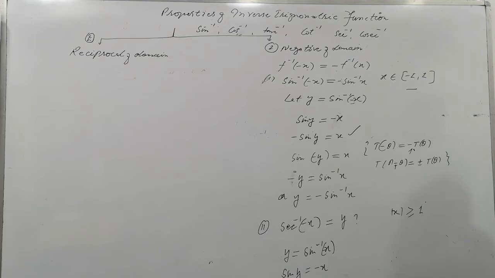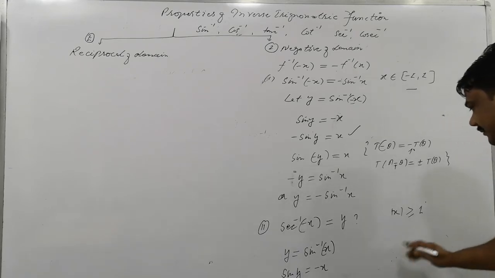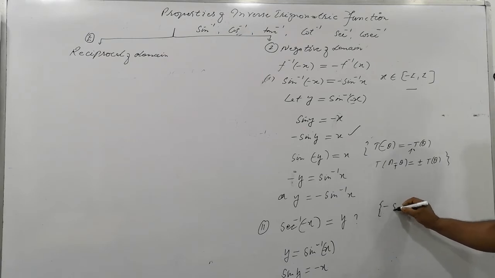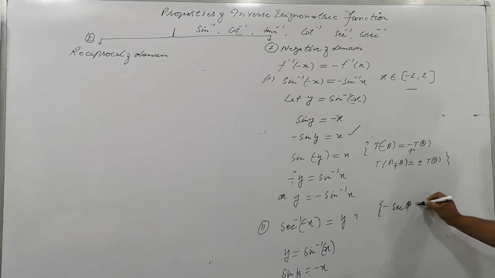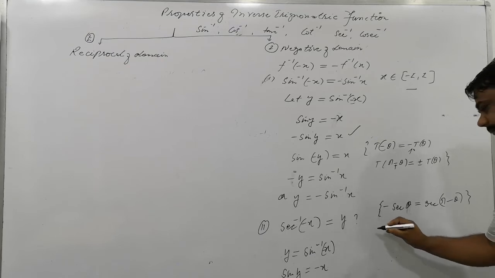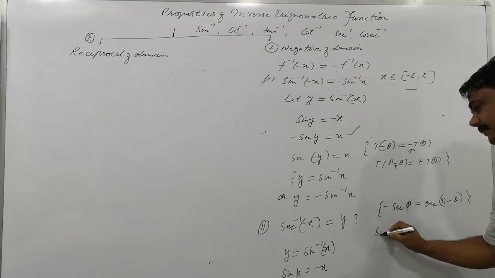Second and third, what will we take? Second will take, because it is not in the principal solution. Clear? So what will we take here? In place of that we can write the identity: minus of sec theta can be written as sec of pi minus theta. This is the second quadrant. Okay. So here we will write down sec or sine.